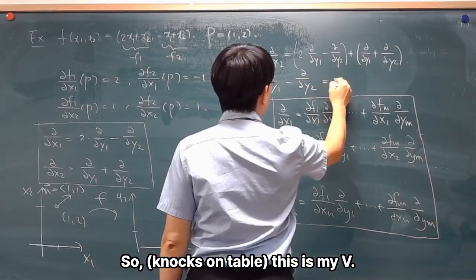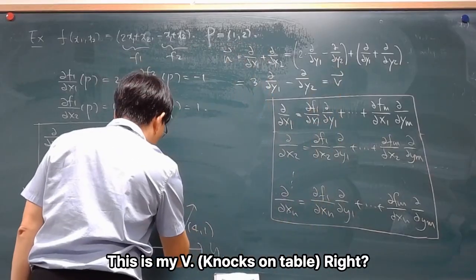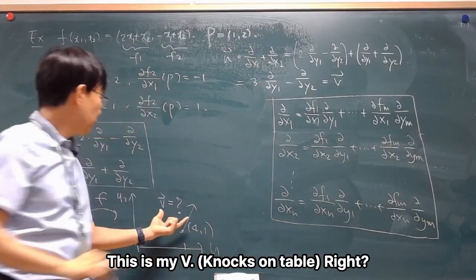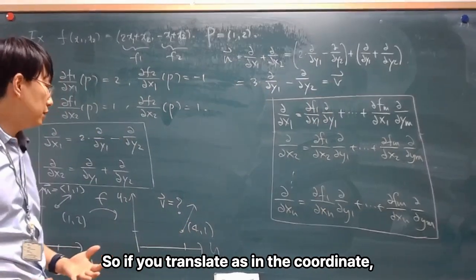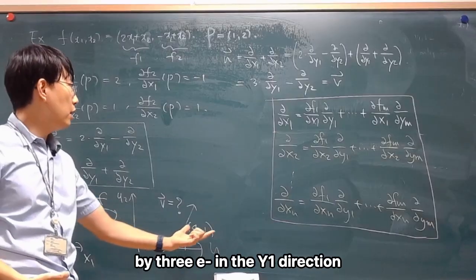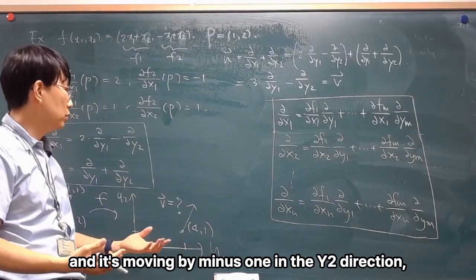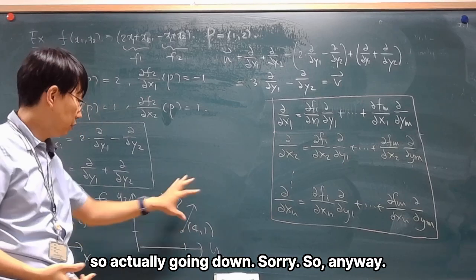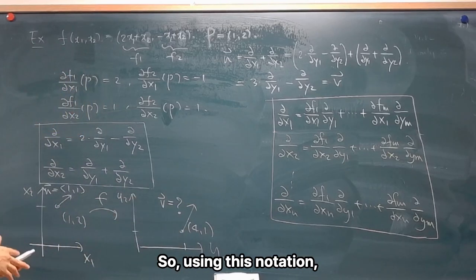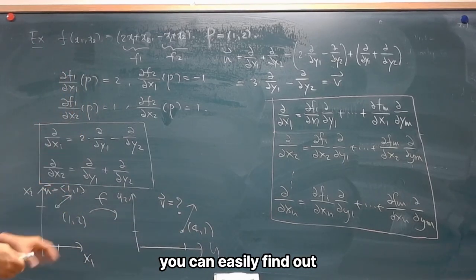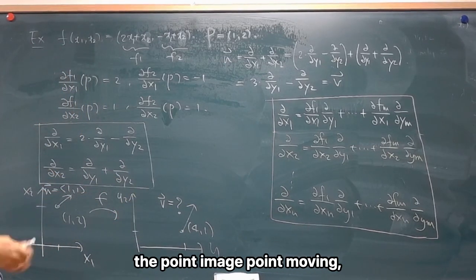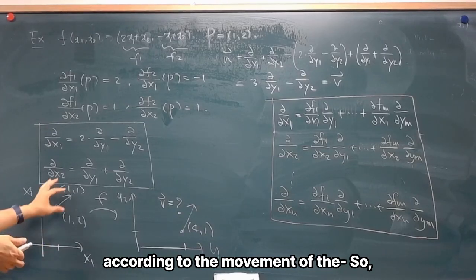So this is my v, right? If you translate it as coordinates, then it's moving by 3 in the y1 direction and by -1 in the y2 direction. So actually going down, but sorry. So anyway, using this notation, you can easily find out how much the image point moves according to the movement of the input points, right?